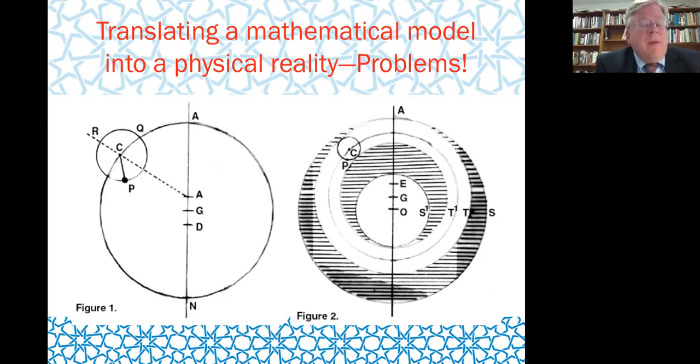However, for Ibn al-Haytham, it was just as important to have a set of planetary models that actually represented the heavenly realities in a physically consistent way. This is much like the modern quest for the grand unified theory of physics.